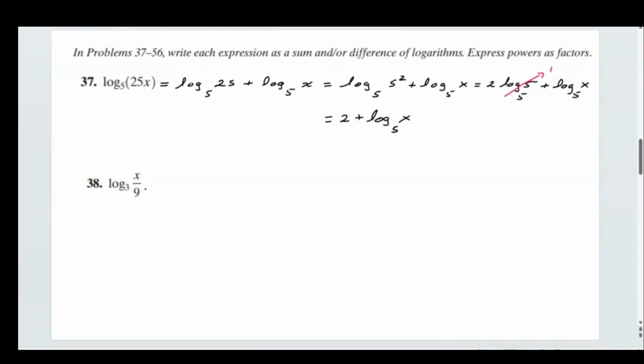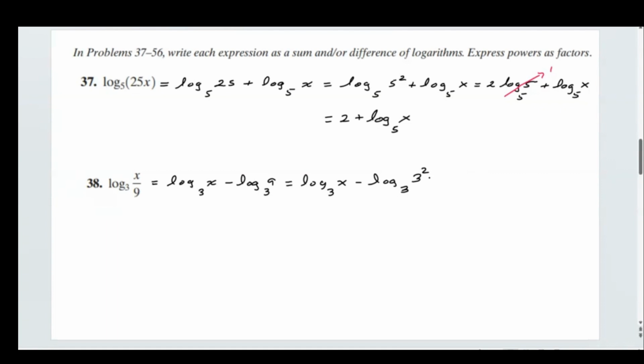Now we have this other case. Log in base 3 of x over 9. So we're going to use now the property that lets us write this quotient as a difference of logarithms. So we say this is log in base 3 of x minus the log in base 3 of 9. 9 is 3 squared, so we say this is the log in base 3 of x minus the log in base 3 of 3 squared.